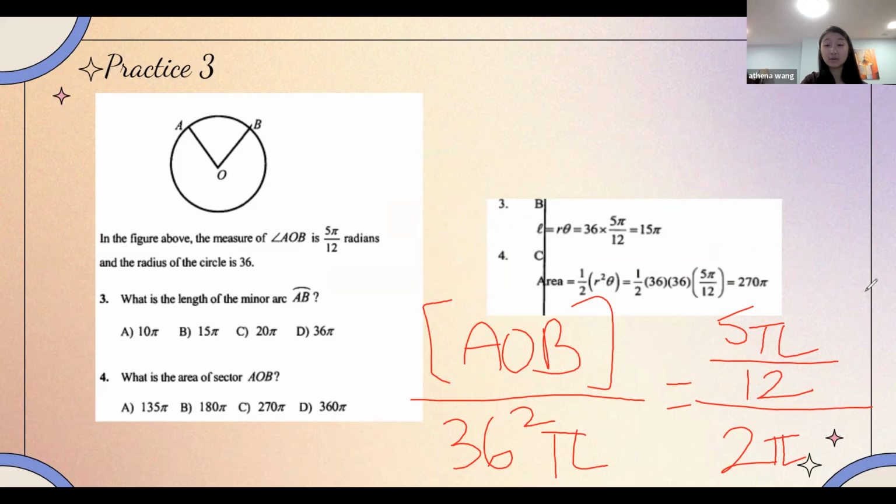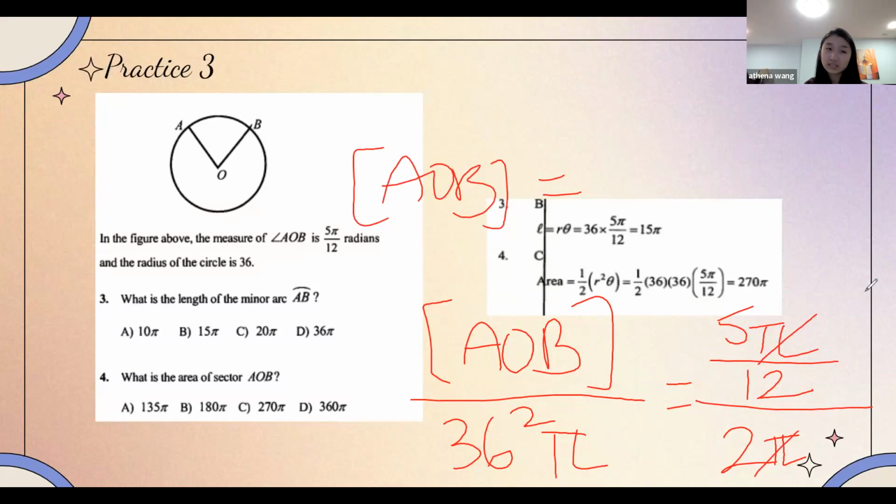Now we have that AOB is equal to, we can cancel out the pi's because one's on the top, one's on the bottom. I would like to write this 36 squared as 36 times 36 because I do not want to calculate what 36 squared is equal to. That takes a lot more work. So we have 36 times 36 times 5 over 12 times 1/2.